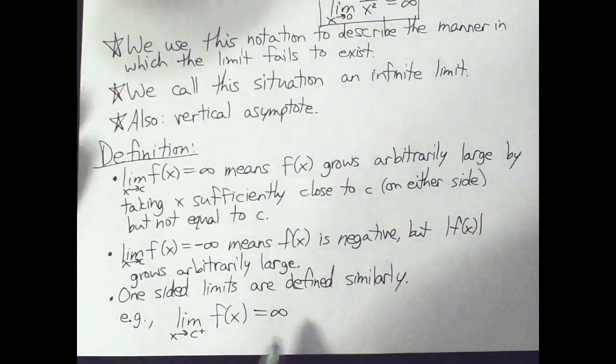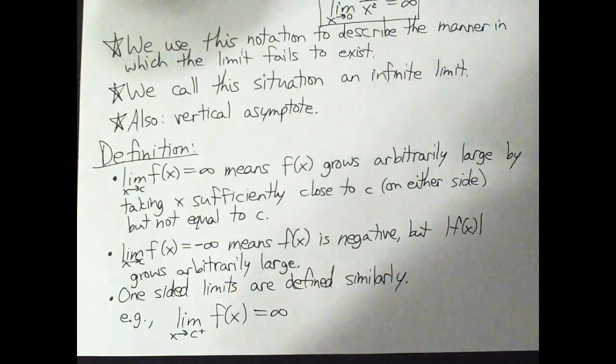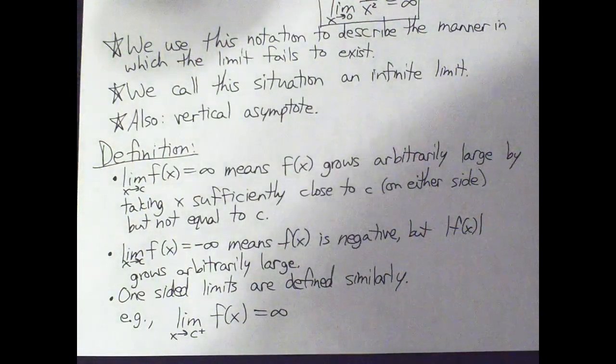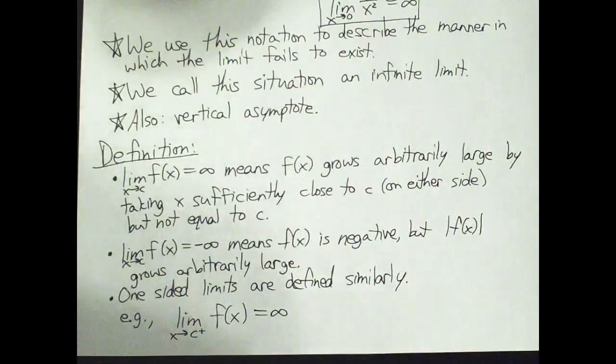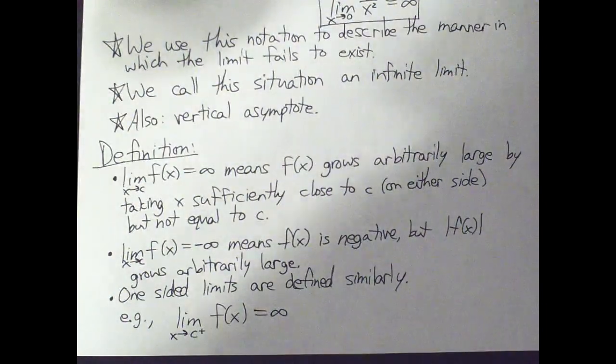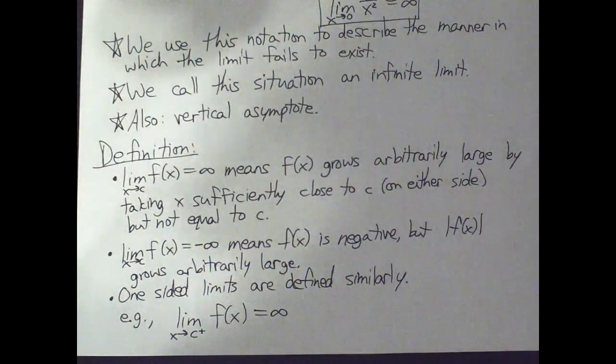Okay, so I don't think we have to spell out every little word for that. We know what one-sided limits mean. Now we know what infinite limits are, and we're saying that you could have one-sided limits that go to infinity or negative infinity as well. So those are the definitions.